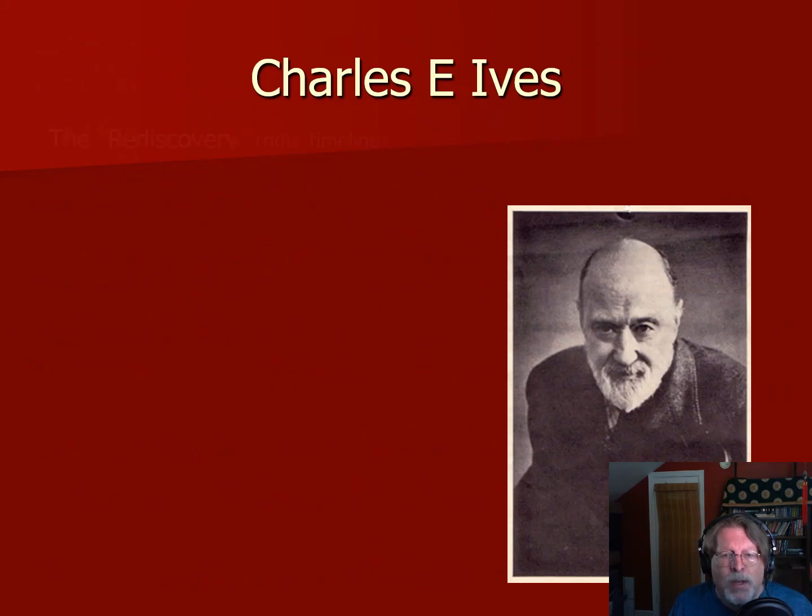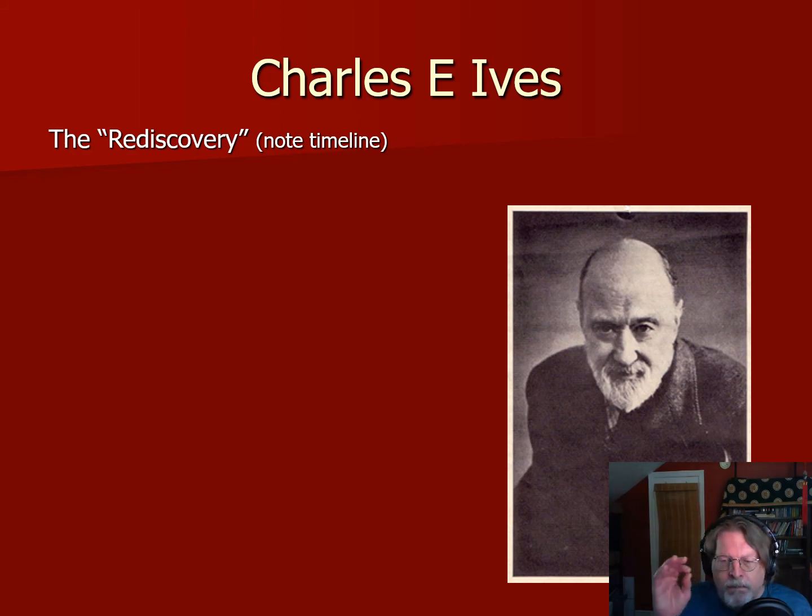So I've suggested that Ives has been conventionally understood as separate from a different, far more modernist tradition than from the members of the Boston Classicists, who were his almost exact contemporaries. That's partly because Ives was only discovered or rediscovered after his active compositional career had essentially ended.